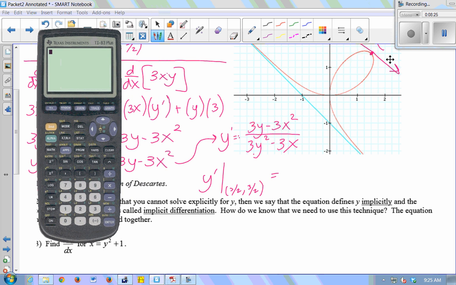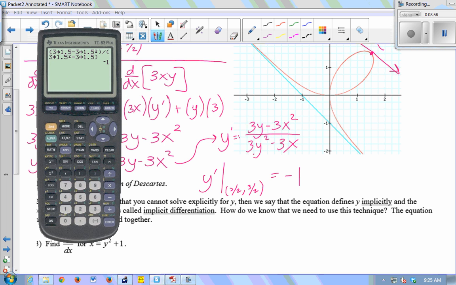Okay, so 3 times 3/2, 3 times 1.5 minus 3 times 1.5 squared. That's all in the numerator. And then divided by 3 times 1.5 squared minus 3 times 1.5. -1.